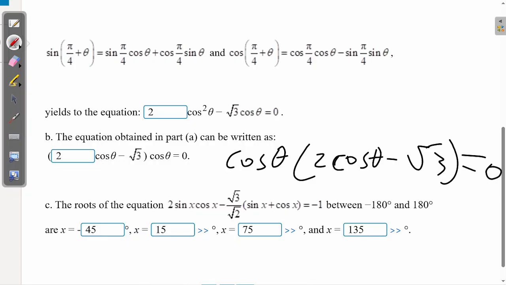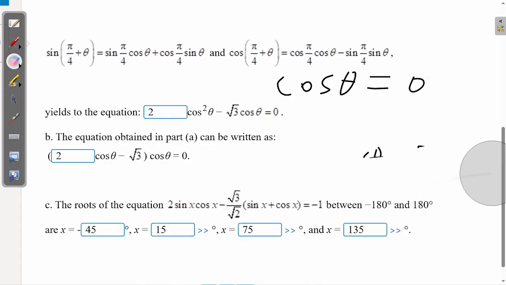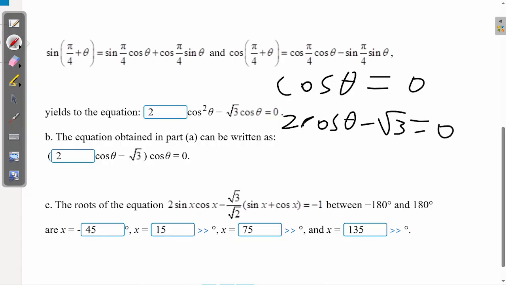So you get two equations for this: cosine theta equals to 0 and 2 cosine theta minus radical 3 equals to 0, which is cosine theta equals to radical 3 over 2.